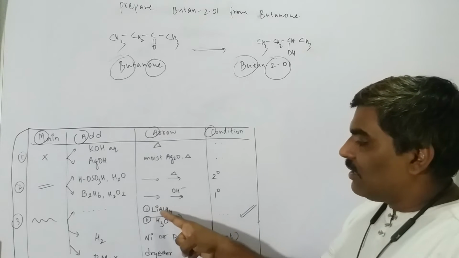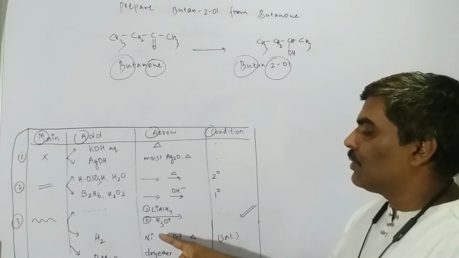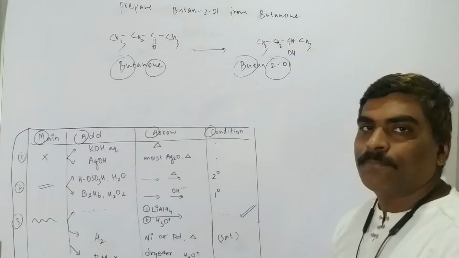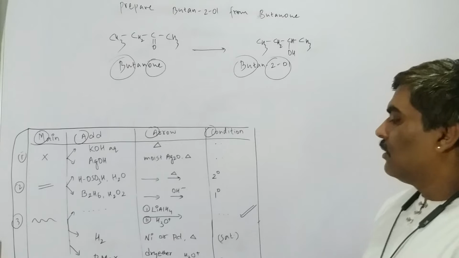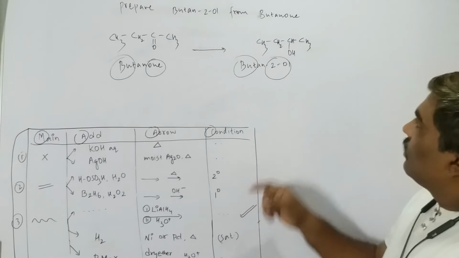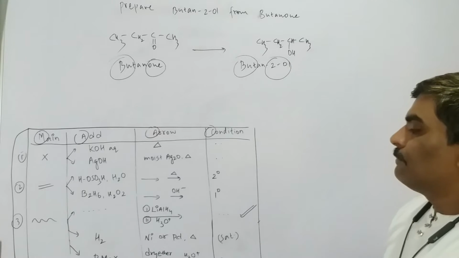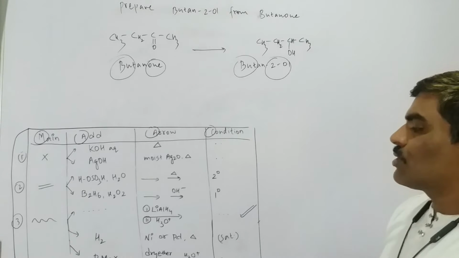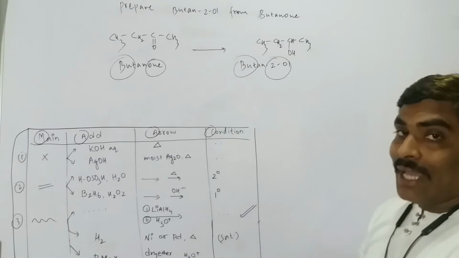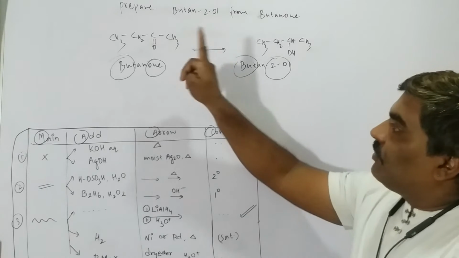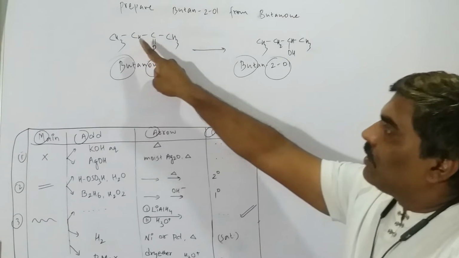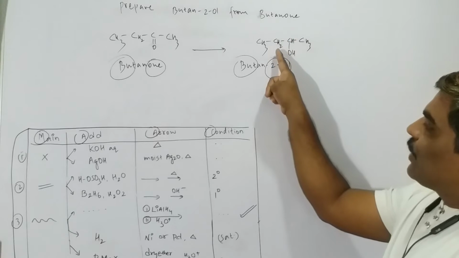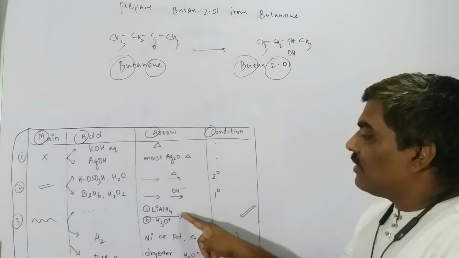We can write lithium aluminum hydride. We can use catalytic hydrogenation. Why? Saturated. This is saturated. And this can also be used. What I said last time, if there is unsaturated, you will get unsaturated in this case.